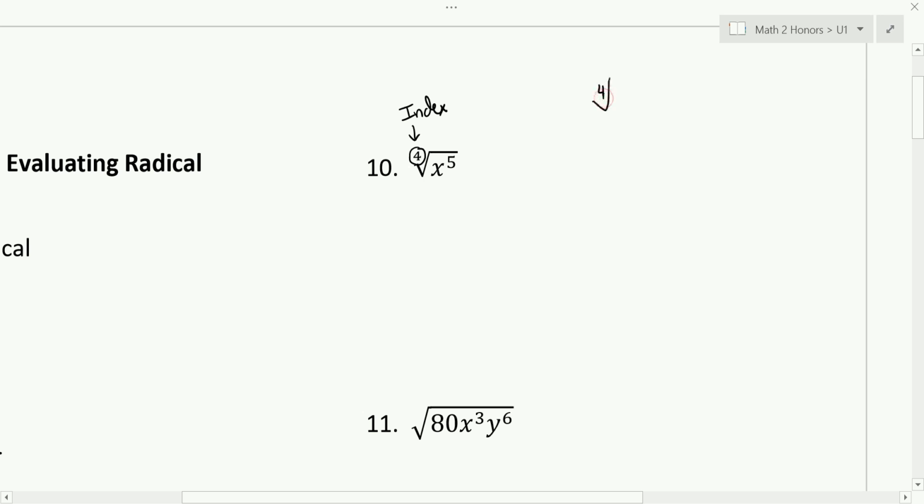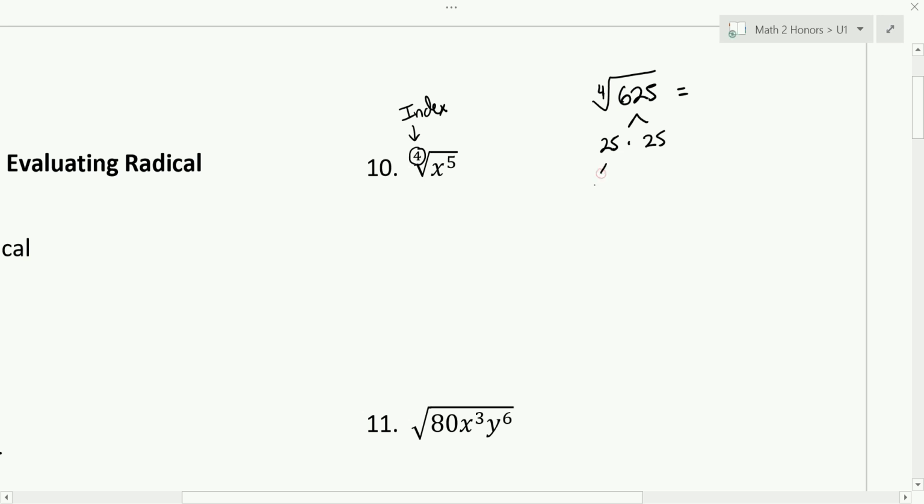So if I say, what's the 4th root of 625? You could break it down, right? What times what is 625? 25 times 25.